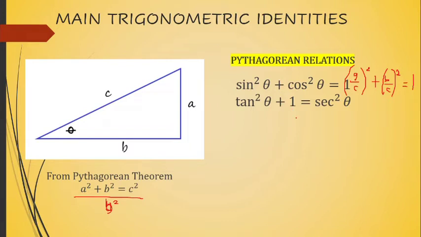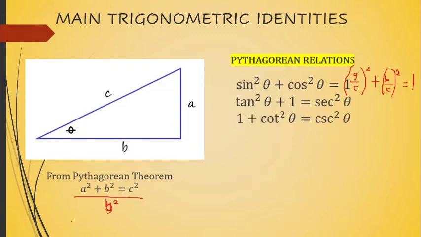So tangent squared plus 1 is equal to c squared over b squared. How did it become secant? What is the reciprocal of secant? That is cosine, which consists of b over c. So reciprocate it and you get secant.